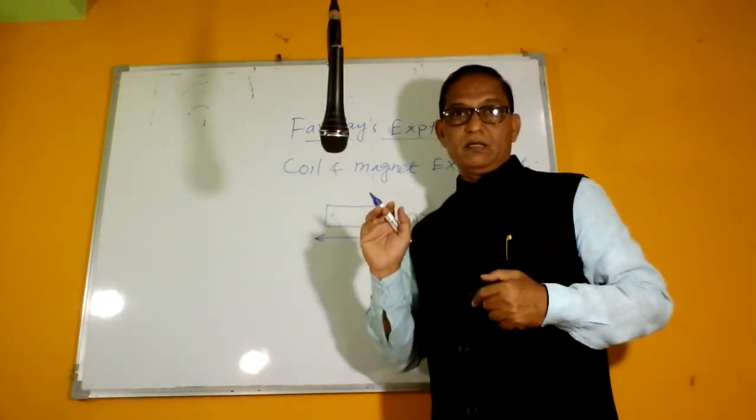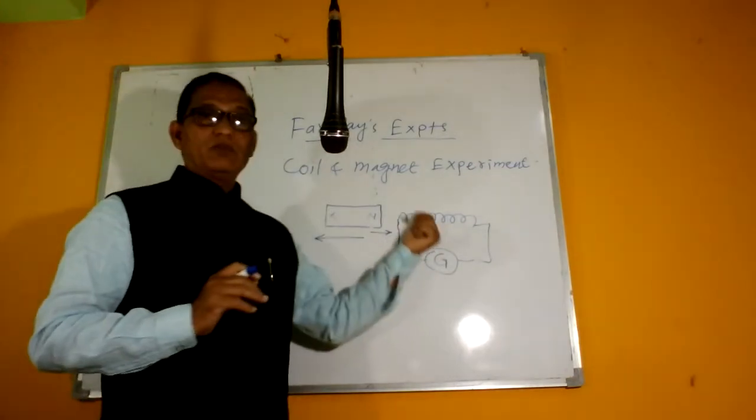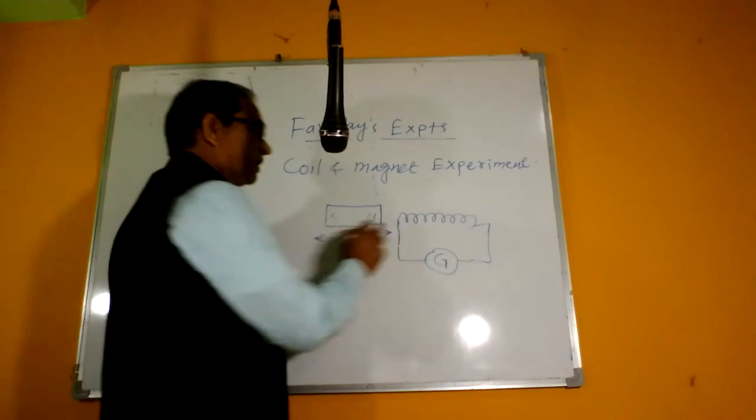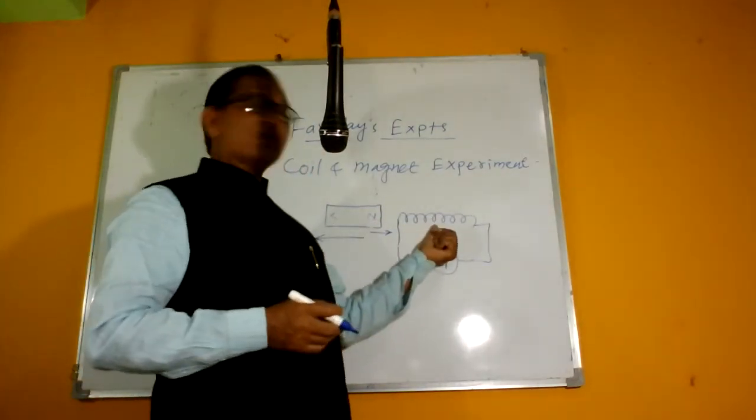Now, if we want to increase the induced current in the coil, the number of turns of the coil has to be increased, so that we will get the induced EMF increased.